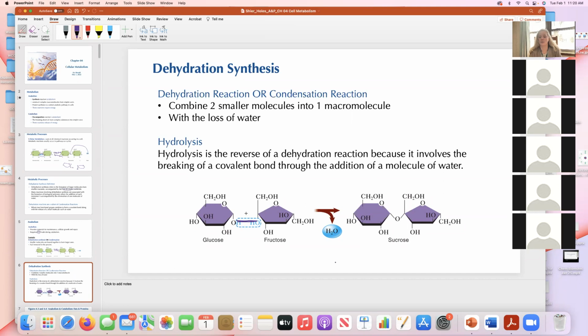So water's removed. Pretty typically, when you're removing water, you see it getting dropped out as the arrow. And then you see you have your new bond from this carbon over here to this carbon over here with the oxygen in the middle. It's a glycosidic COC bond, okay, and the product is sucrose.